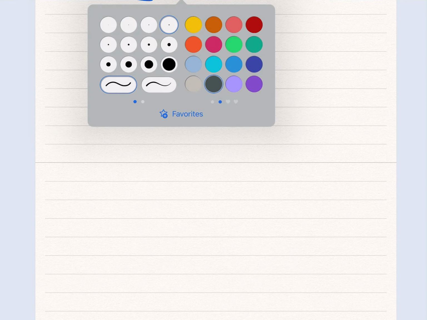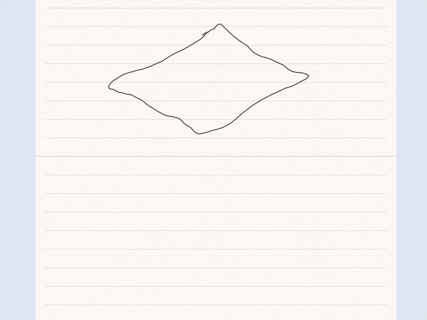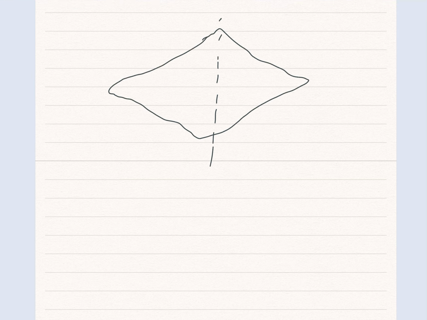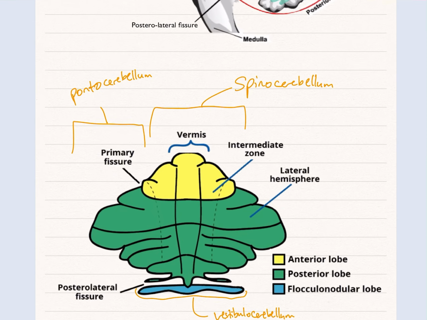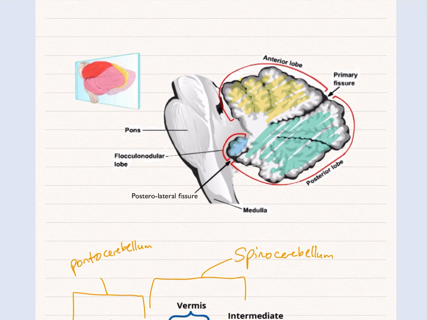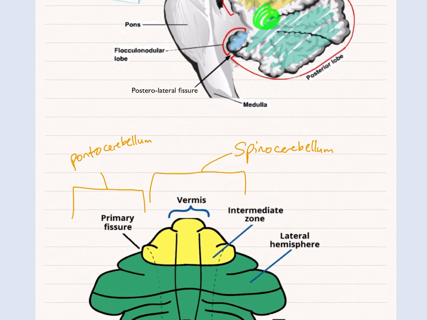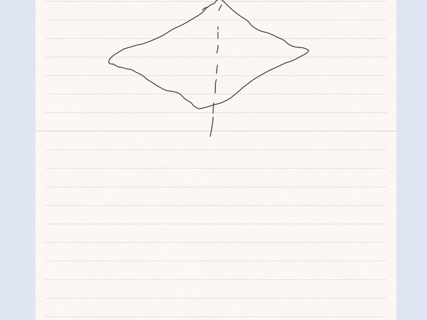Okay, so if I draw this kind of structure, it's not great, here's the midline. Let's imagine it's symmetrical. The way I remember the deep cerebellar nuclei, this is just looking into the cerebellum, kind of around this level, around there, because it's deep.